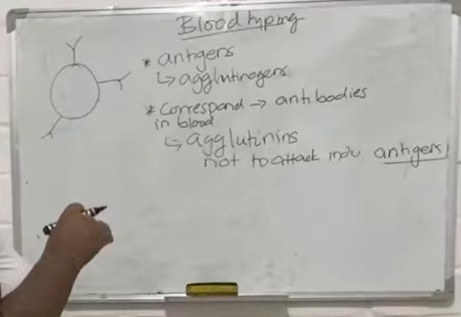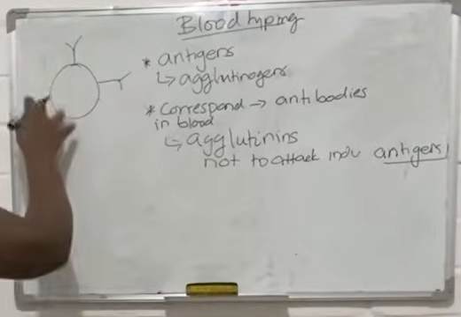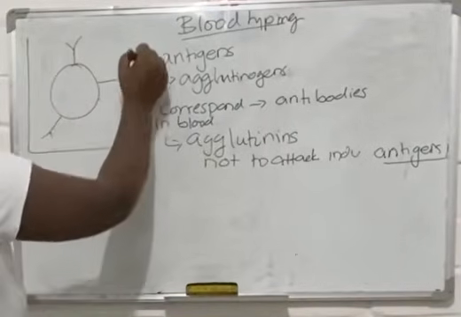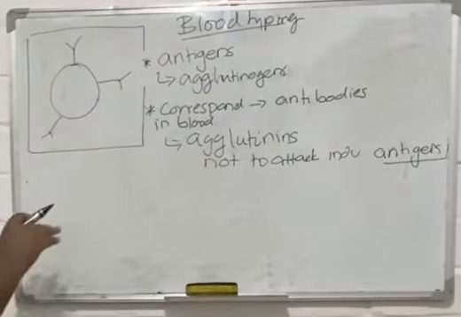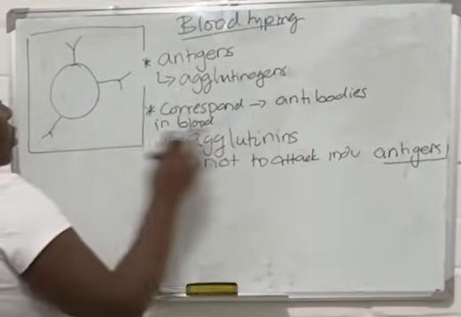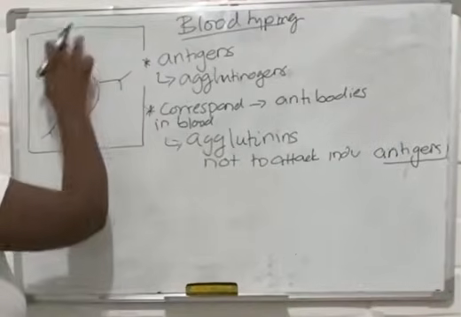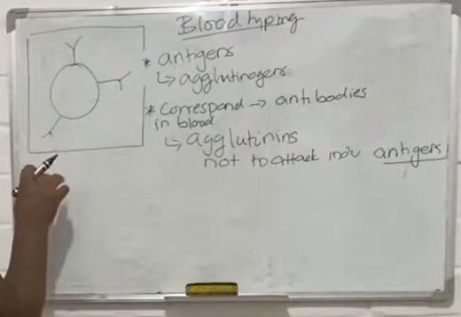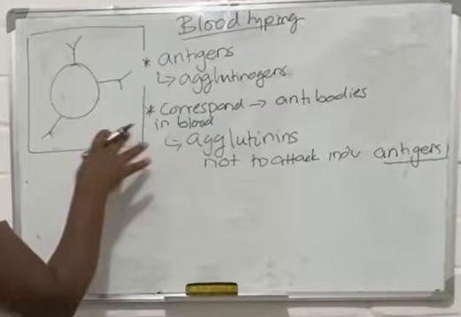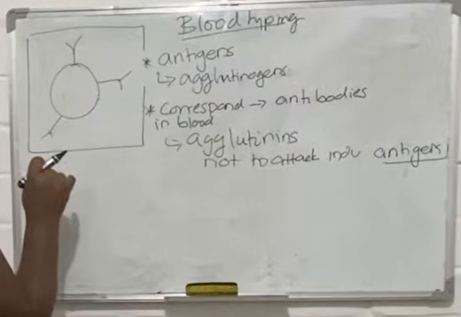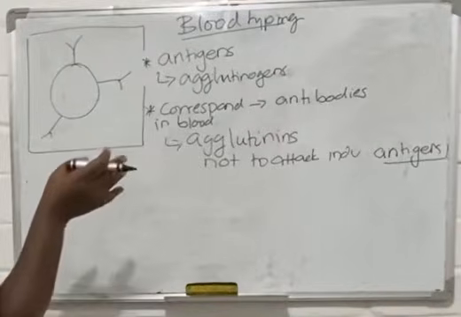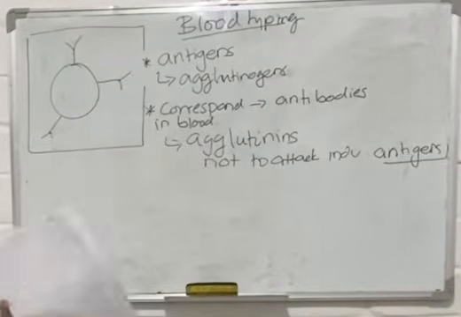And so if you want to transfuse blood into a person's system, you must make sure that whatever you're transfusing will not attack the person's antigens, or these not attack the transfuser's antigens. We'll look at both types as we go.